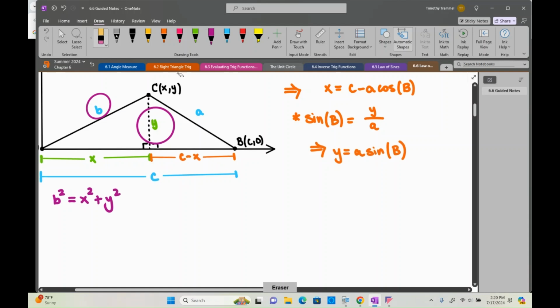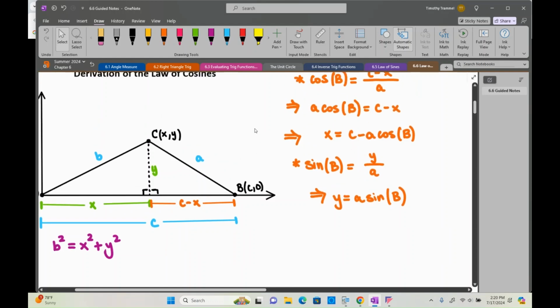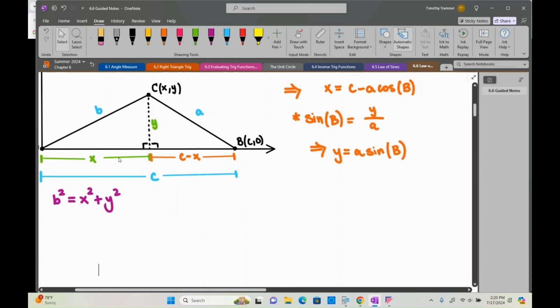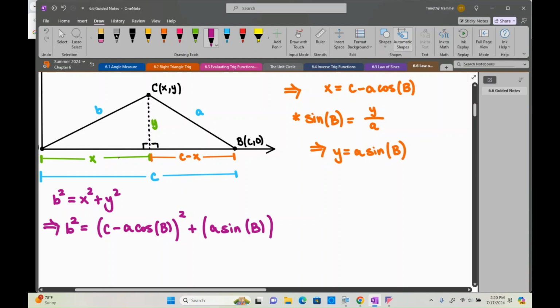And from here, I can replace the x with, what was it, c minus a cosine B, and I can replace the y with a sine B. This gives us b squared is equal to c minus a cosine of big B, squared, plus y squared, and y is a sine of big B.